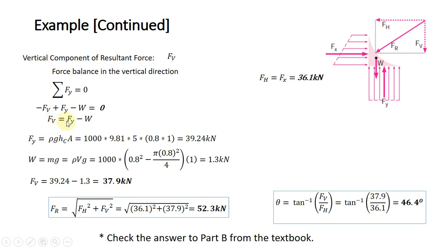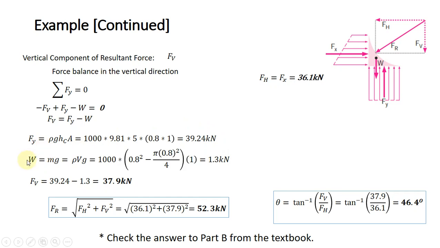So Fv would be equal to Fy minus the weight, and Fy is equal to rho g hC A. This is the centroid for the lower projection plane, and again that is a rectangle, but this is horizontal, so the pressure distribution should be the same. So that would be at a 5 meter depth. So you have 1000 times 9.81 times 5 times the area of this projection plane, and that would be 39.24 kilonewtons.